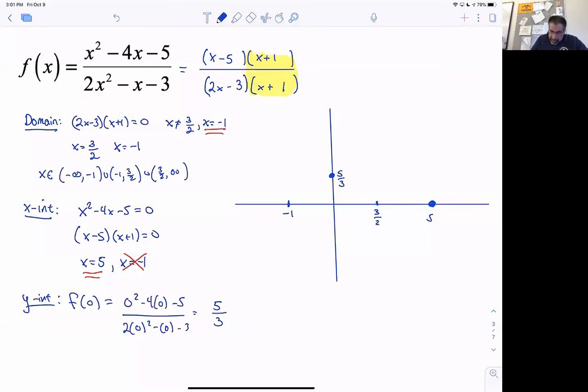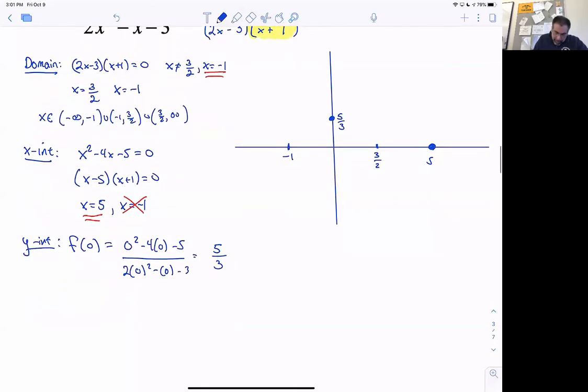So from here, the next place we want to look is the vertical asymptotes/holes. And those come from the domain problems. So in this one, we were told that x can't equal negative 1. We were told that x can't equal 3/2. Well, this is how you find out whether or not you've got a domain issue that's a vertical asymptote or a hole.